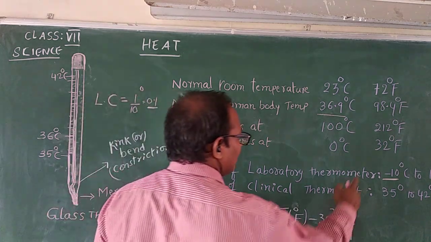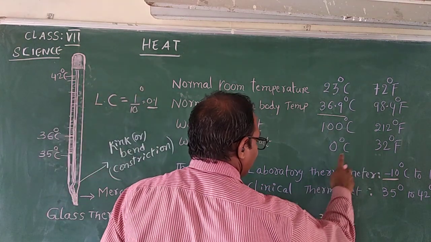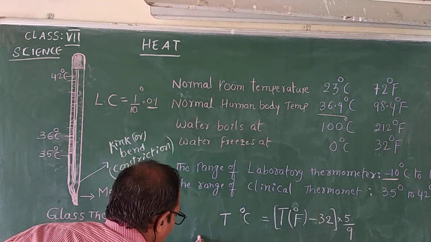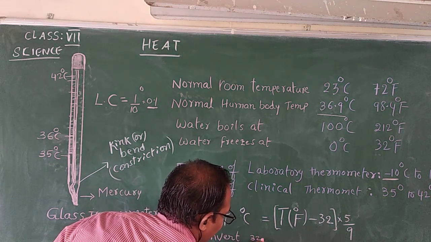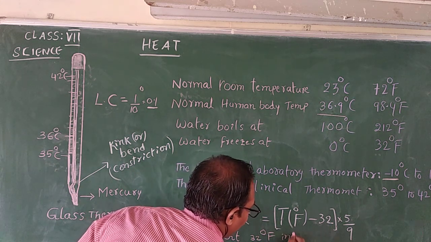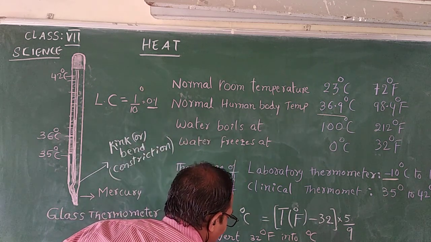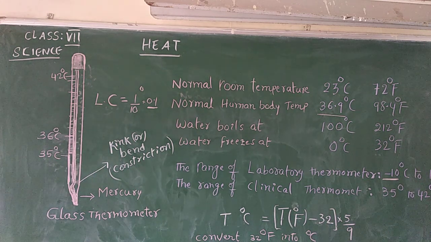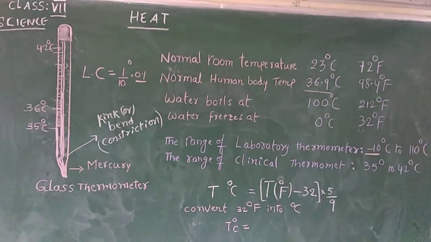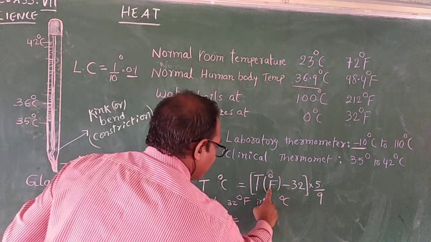For example, now 32 degrees Fahrenheit. I want to convert 32 degrees Fahrenheit into degrees Celsius. So what is the formula? Temperature in degrees Celsius equals temperature in Fahrenheit minus 32, into 5 by 9.